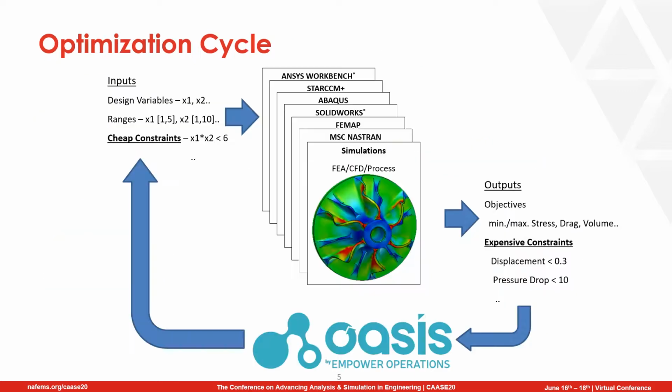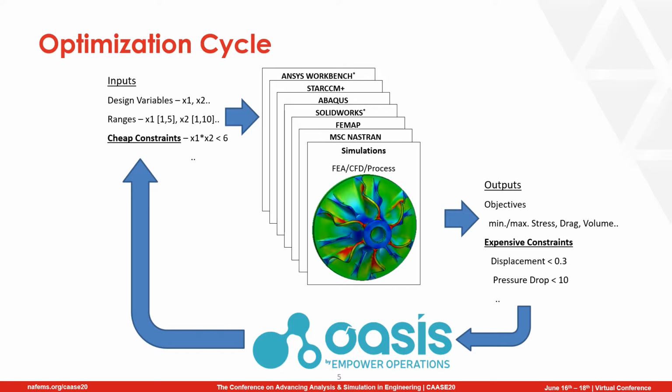Here's a typical optimization cycle to see when and where an optimization software sets and gets inputs and outputs. Here we have a typical setup and the optimization software at the center, which is Oasis in this case, to drive the cycle.